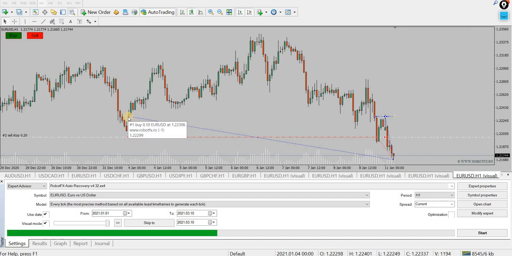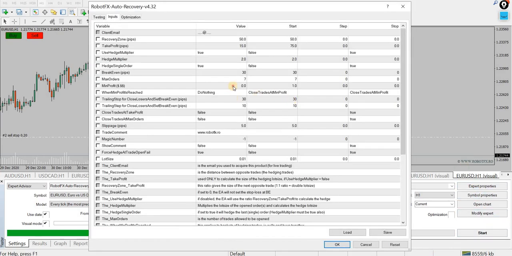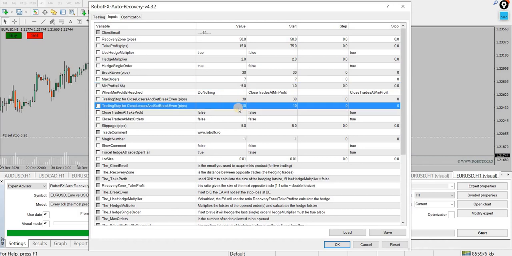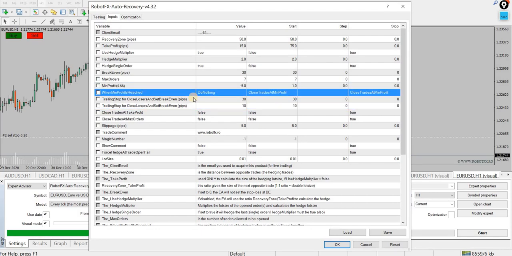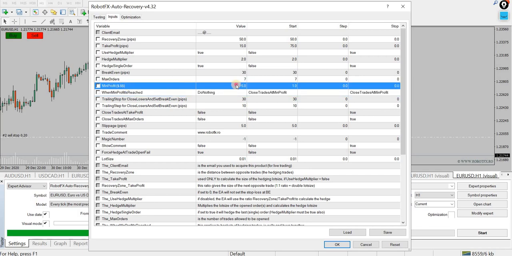When the profits from the open buys combined with the profits of the open sells reach the minimum amount that you set here, the minimum profit, which can also be a negative number. Let's say you want to close a basket of trades and you are willing to lose $5 in account currency.